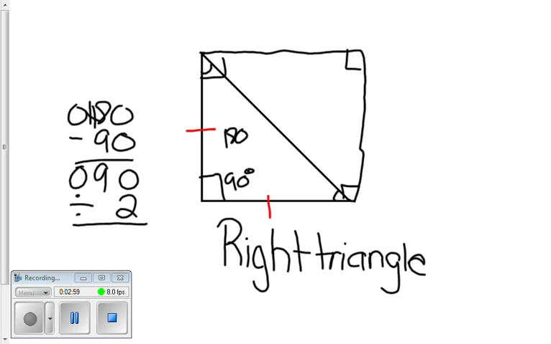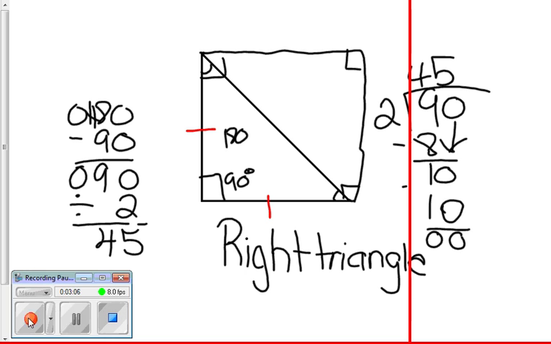Do you want to do long division? We'll do long division. We got 45 degrees because half of 90 is 45, because you can't do 50 plus 50 to make it equal numbers. So 90 divided by 2 is 45, which makes the acute angles 45 degrees.